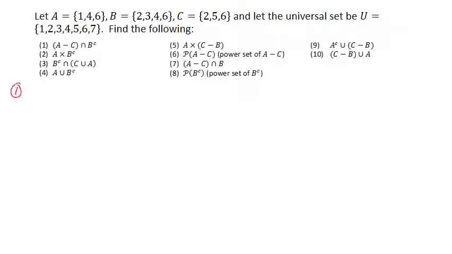Okay, so part 1 is (A minus C) intersected with B complement. So I'm just going to substitute in the different parts here, and then I'll work on them.